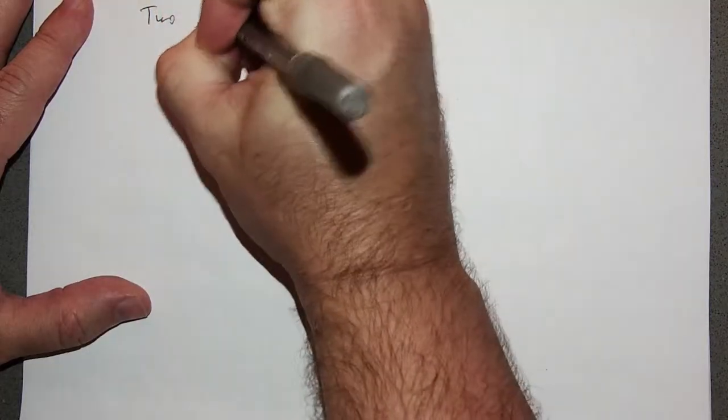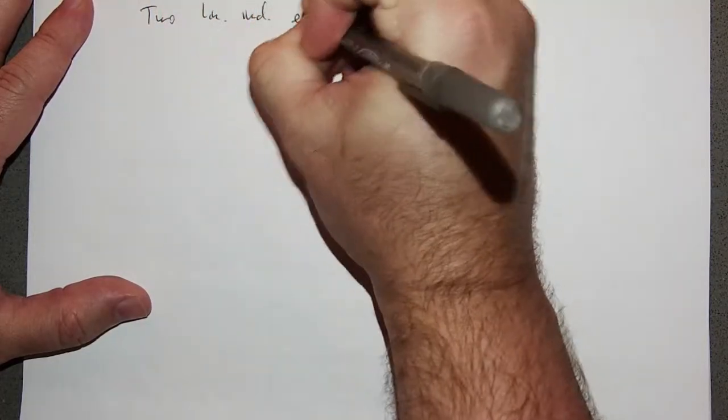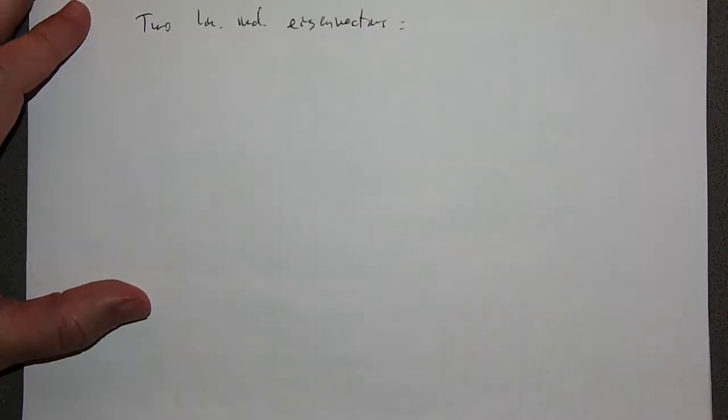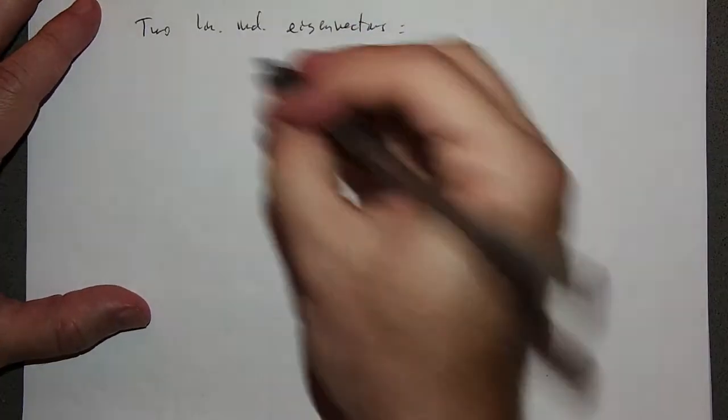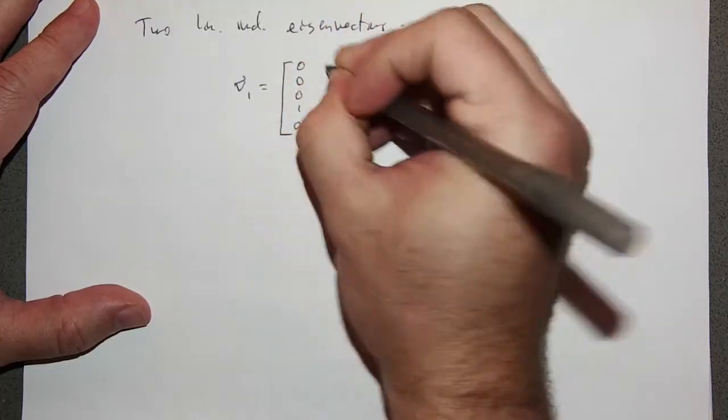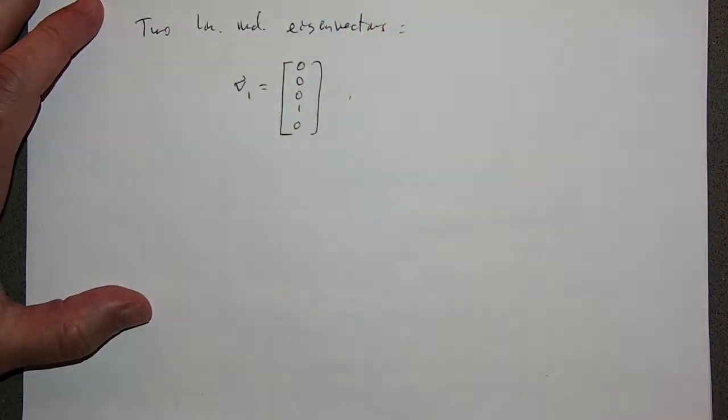Using MATLAB if you like, this thing has two linearly independent eigenvectors. What are they? Well, here's one. Call it V1. Okay.